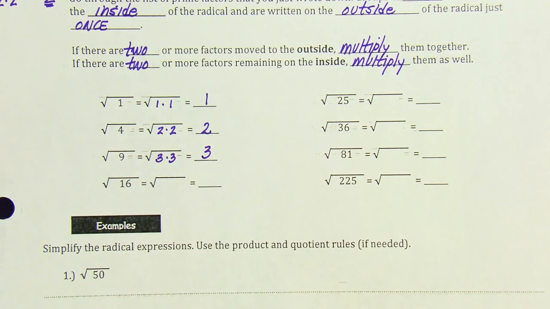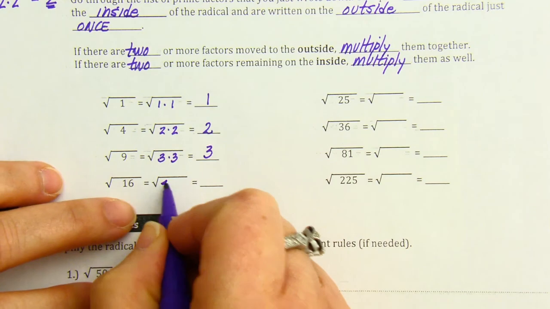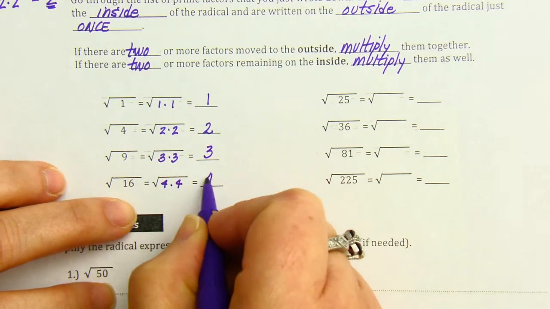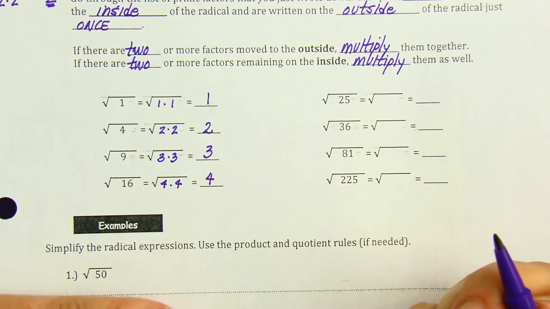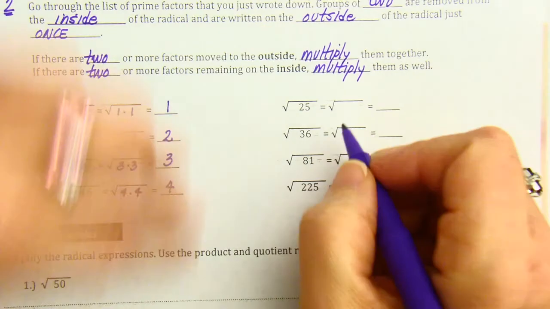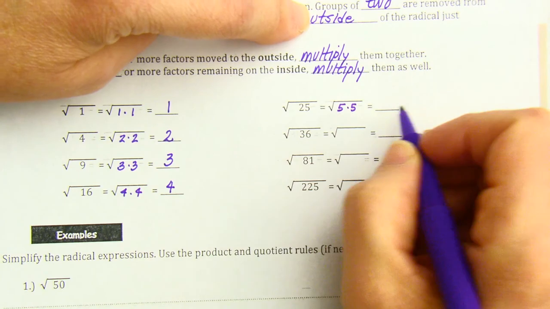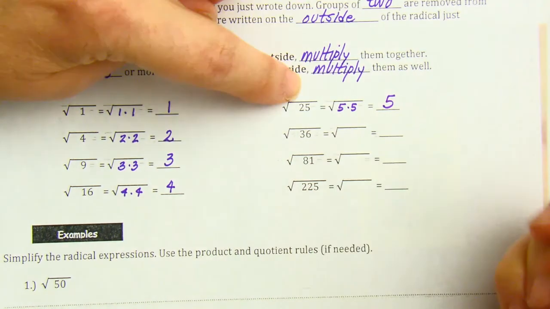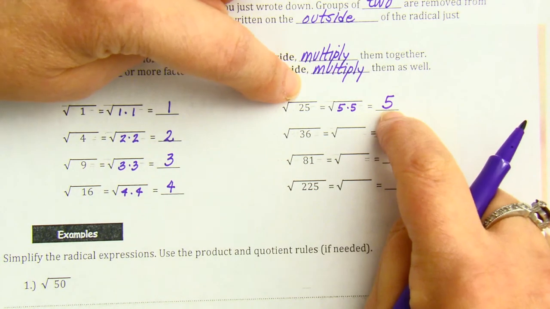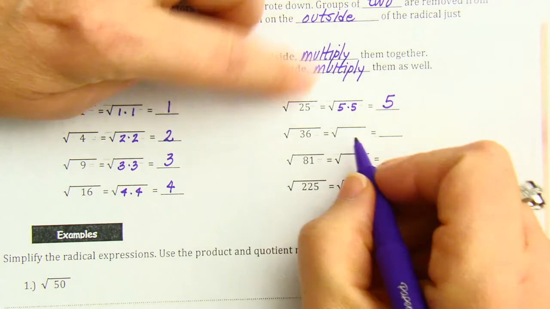Same thing with 16. That's a 4 times 4. So the square root of 16 is 4. 25, 5 times 5. One group of two 5's comes out as a single 5. Root 25 equals 5. 36, 6 times 6.